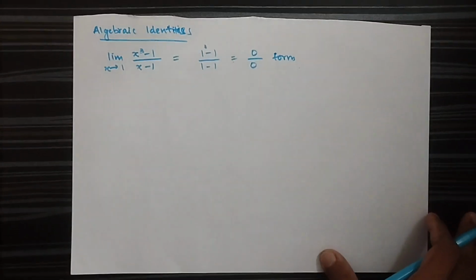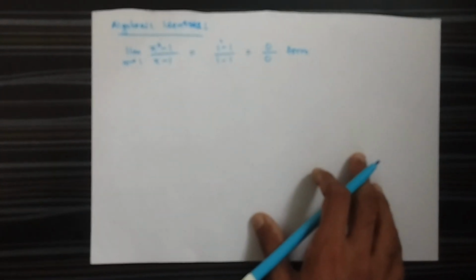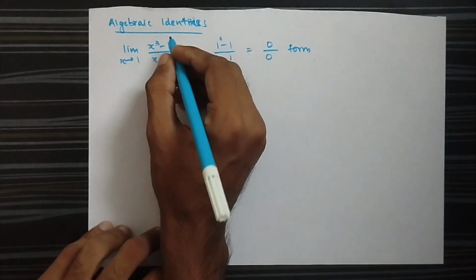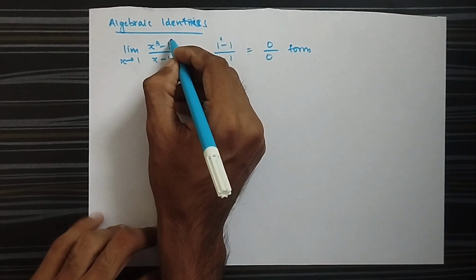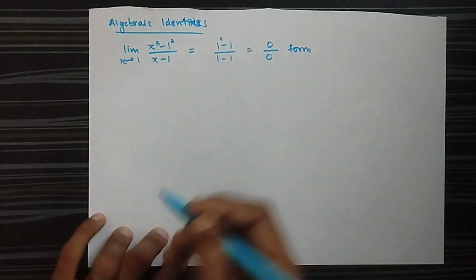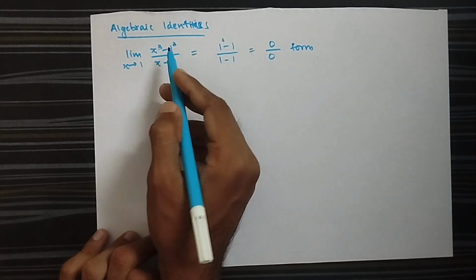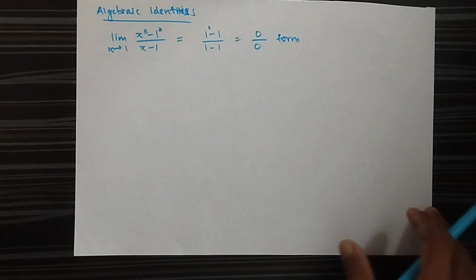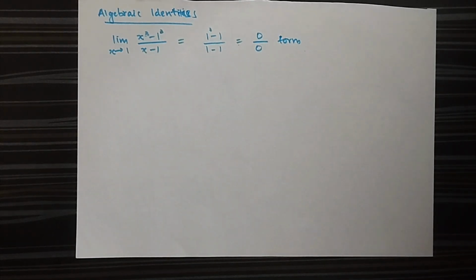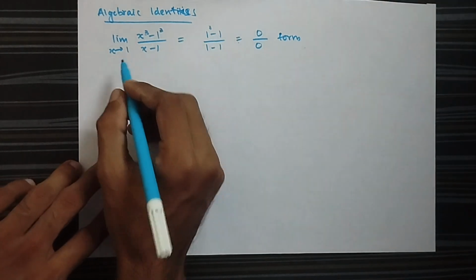We can identify the problem. We see that this is x cube, and if we want, we can write 1 as 1 cube because there's no difference. So this is in the form a cube minus b cube. What is a cube minus b cube? A cube minus b cube is (a minus b) into (a square plus ab plus b square) according to the identity.